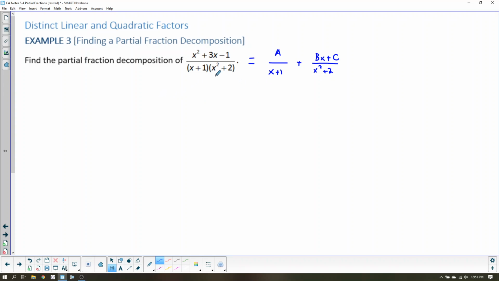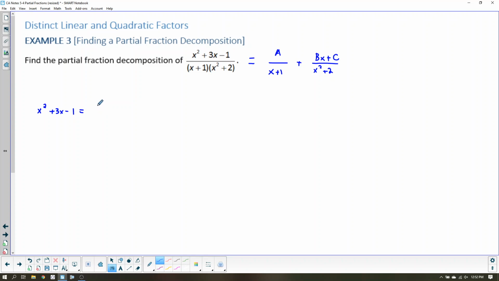Okay, so then the first step is the same as always. We're going to take this denominator, and we're going to multiply it by each of these fractions. Technically, everything's getting multiplied by this. So the left-hand side is just the numerator, x squared plus 3x minus 1. When I multiply this by its denominator, it just cancels it.